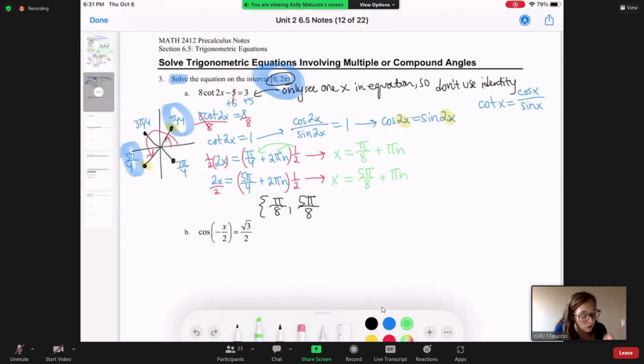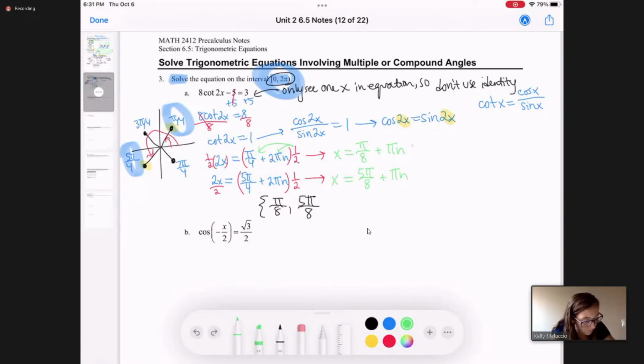But what we have to check is, let's suppose n was 0, it would be pi over 8. If n was 1, this would be 9 pi over 8, okay? This is like n equals 0, n equals 1.